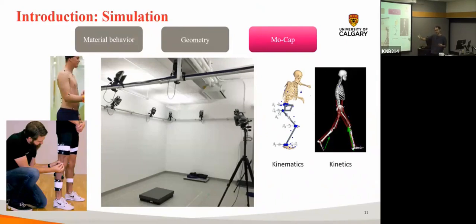So for example, when you walk, you're applying a force on the ground, and also the ground would apply a force on you. So that would be your external force. And when you have the external force and kinematics, then you can measure the joint reactions and internal muscle forces. So we call this kinetics.